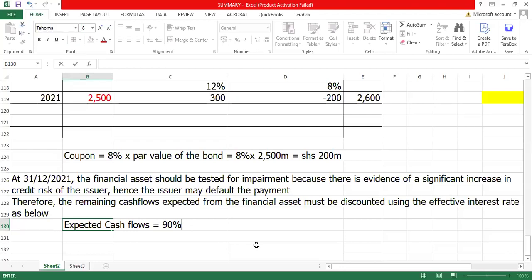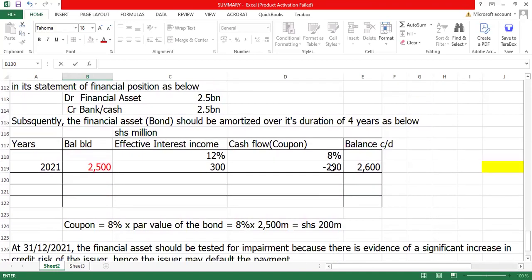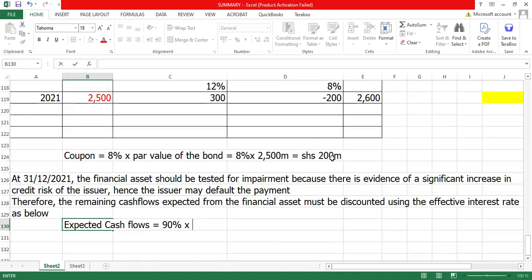So here you can recover 90% of the contractual cash flows. You're receiving 200 per year, so 90% of it only.